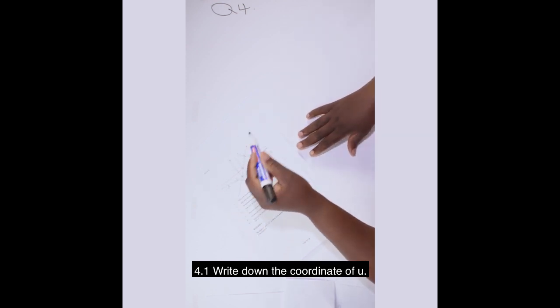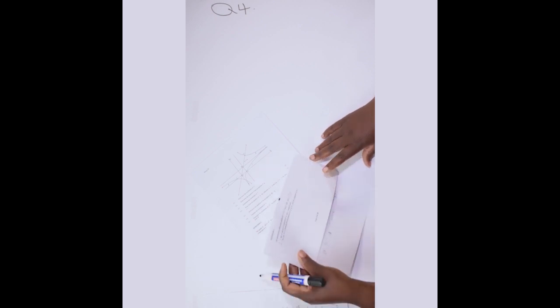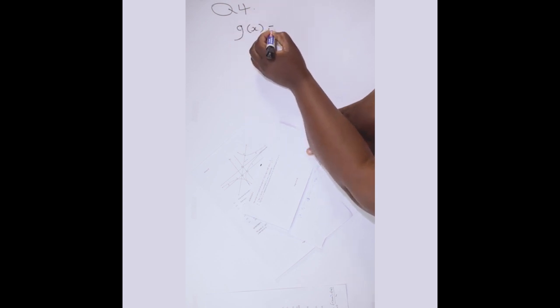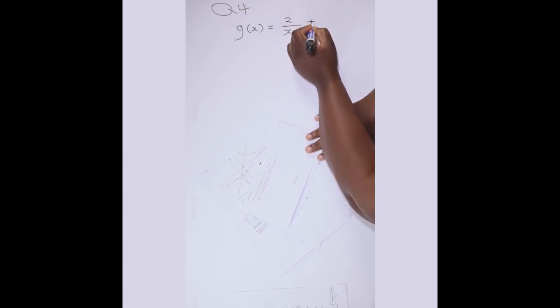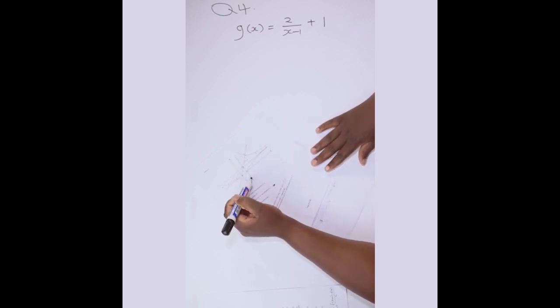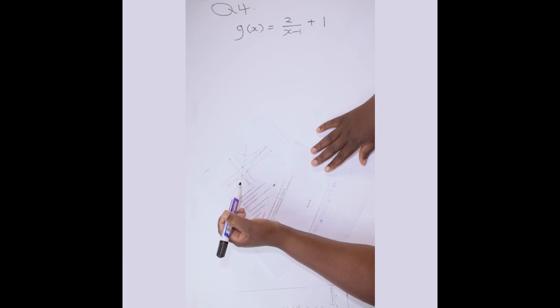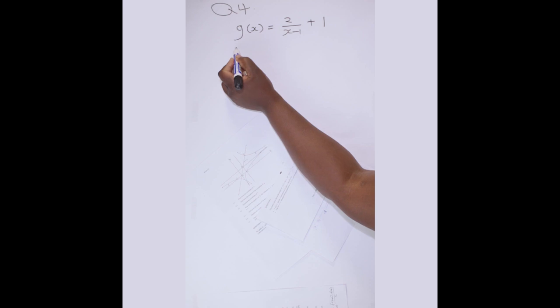Remember, folks, u is where the asymptote passes through the x-axis. So if you look at the information given, the equation which you have is g of x equals 2 divided by x minus 1 plus 1. If you want to find the asymptote that is passing through u, you are going to use the denominator, which is going to give you x equals 1.